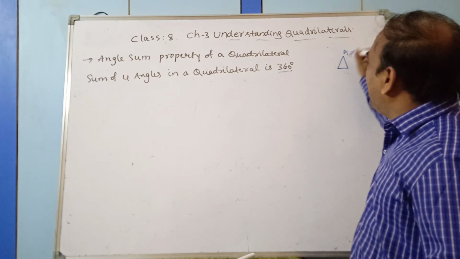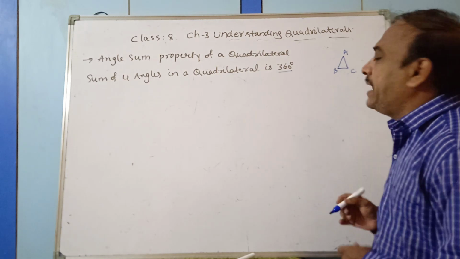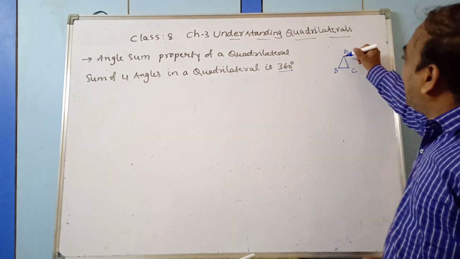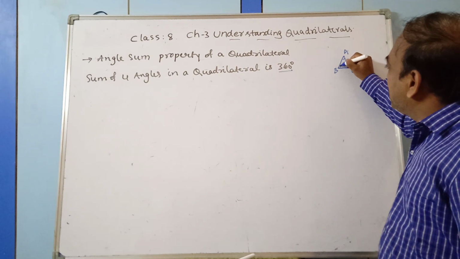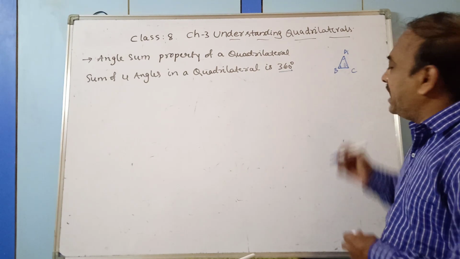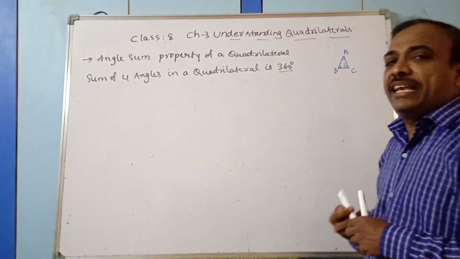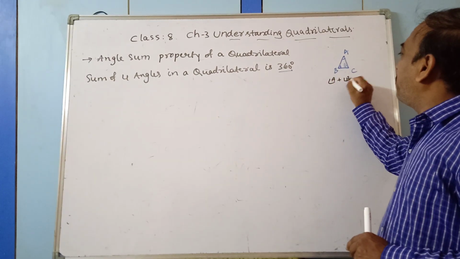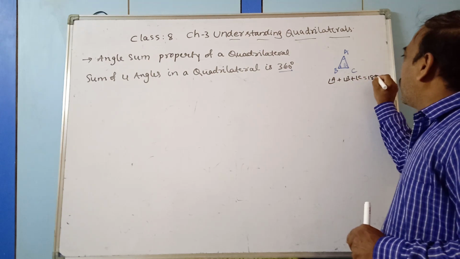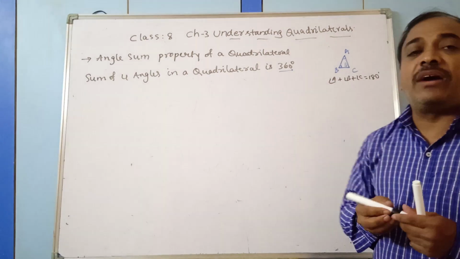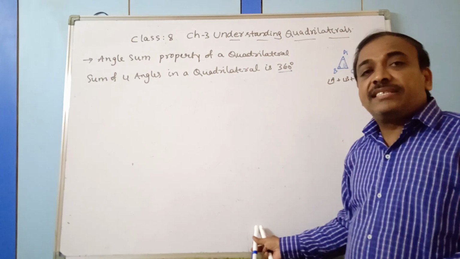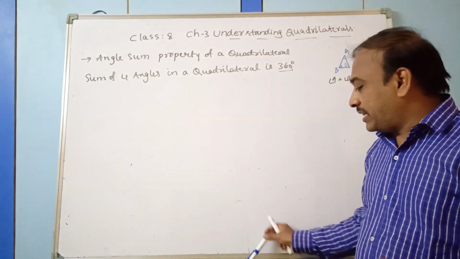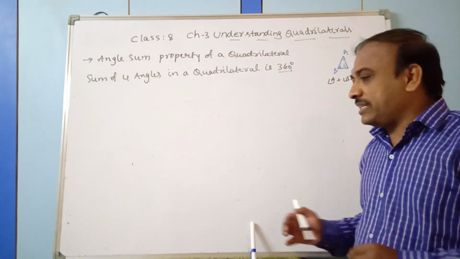If it is a triangle ABC, this is angle 1, this is angle 2, and this is angle 3. The sum of the three angles in a triangle is 180 degrees. Angle A plus angle B plus angle C is equal to 180 degrees. This we have learned in class 7th.